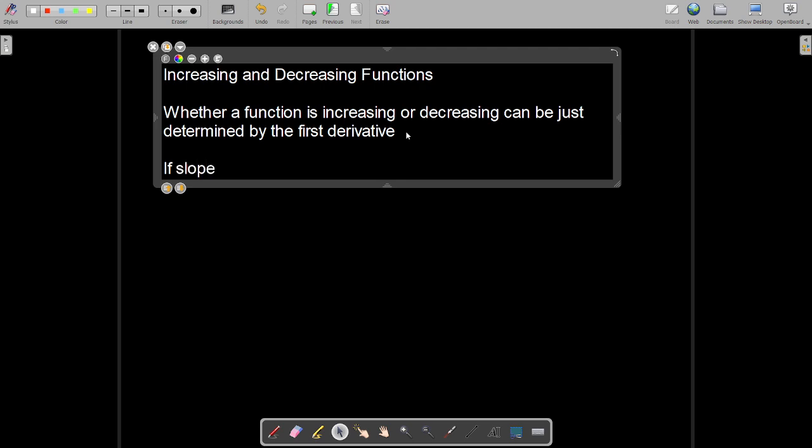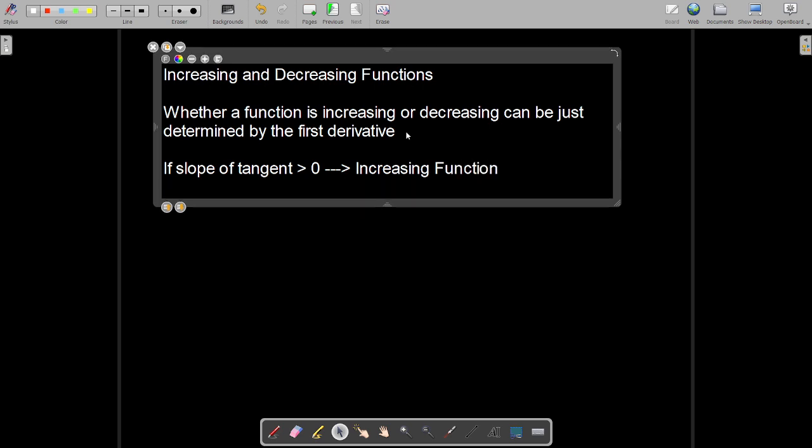If the slope of tangent, or dy by dx, is greater than 0, then it's an increasing function. And if the slope of tangent is less than 0, the function is decreasing.